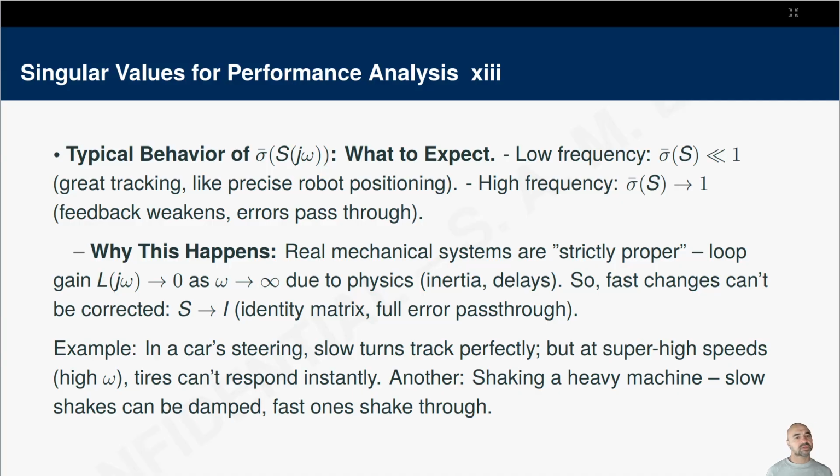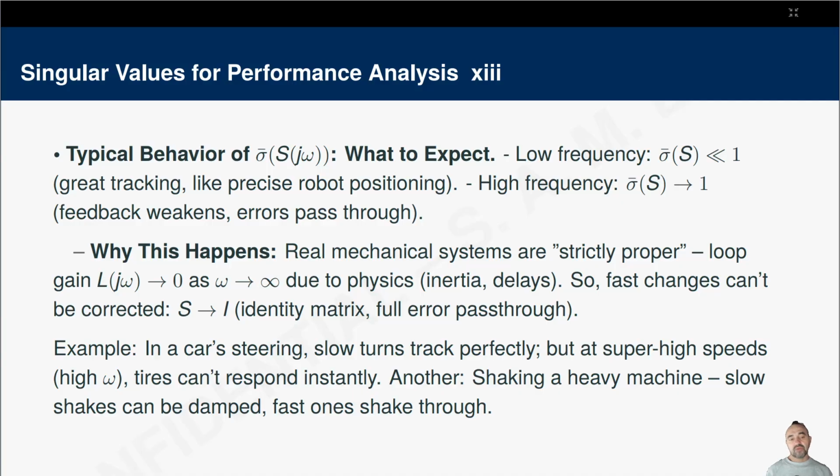In other words, at high frequency we cannot fight physics. Actuators have bandwidth limits. Sensors have noise. Models break down.